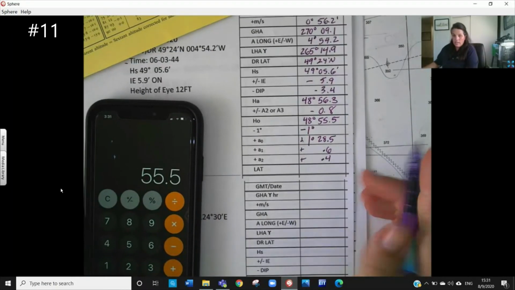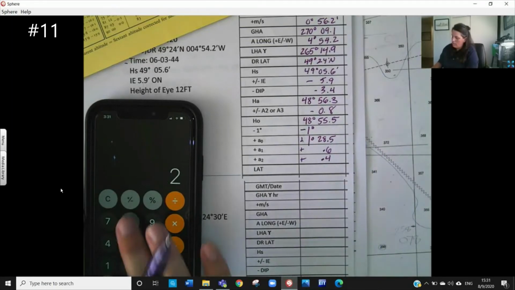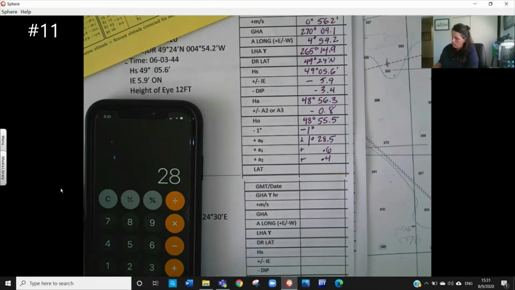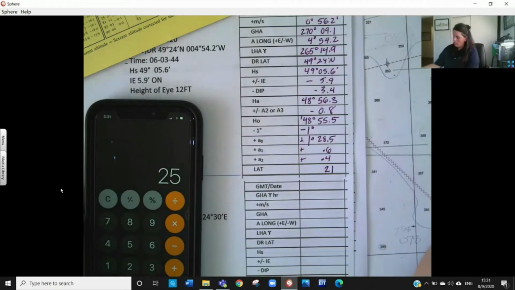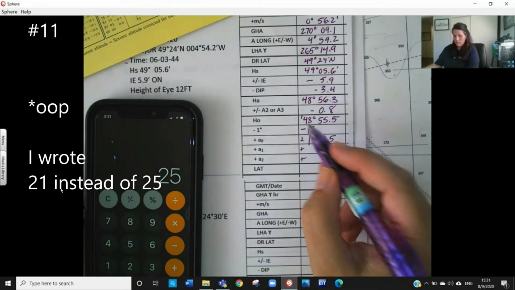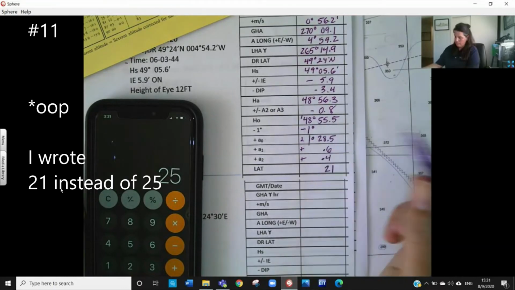So we had our 55.5 plus 28.5 plus 0.6 plus 0.4 gives us 85 minus 60 gives us 25. Carrying the 1. So we added a 1, and then we're subtracting a 1, then we're adding a 1.